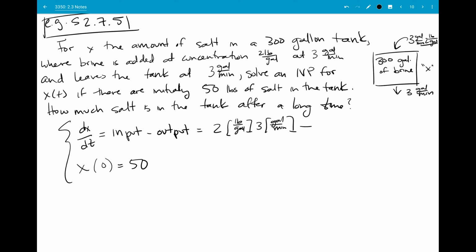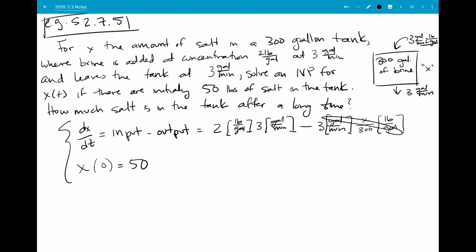And then what we take out is going to be that everything's leaving at that 3 gallons per minute. But we need to convert this to the amount of salt that there actually is. So the current concentration would be x over 300 pounds per gallon. And so looking just at the entire container, the concentration of what's leaving is x over 300.